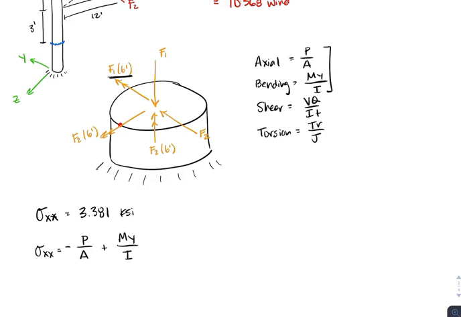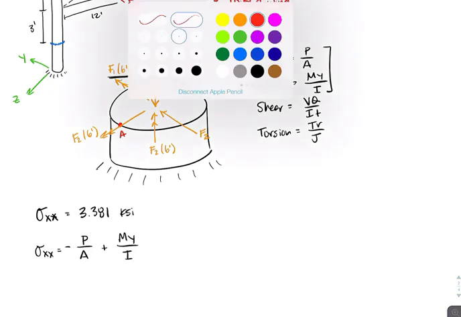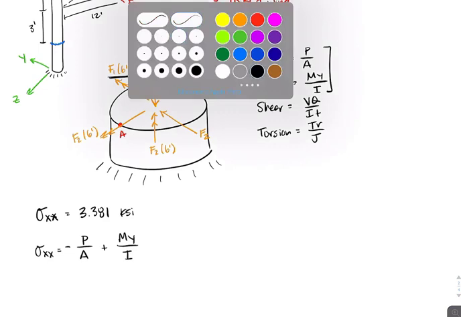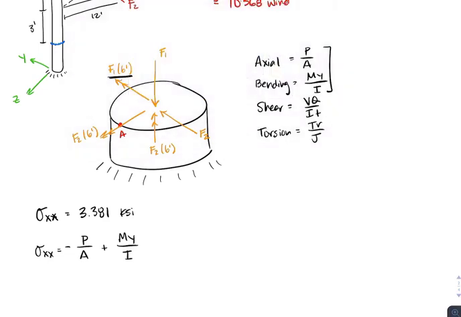The moment F2 times 6 feet, since our stress point A is located right along the same axis as it's bending, our Y, or our distance between centroids, is going to be 0. So this one we won't have to consider.